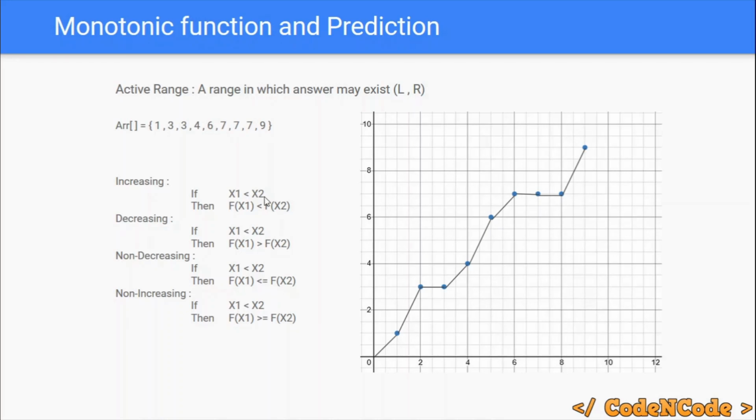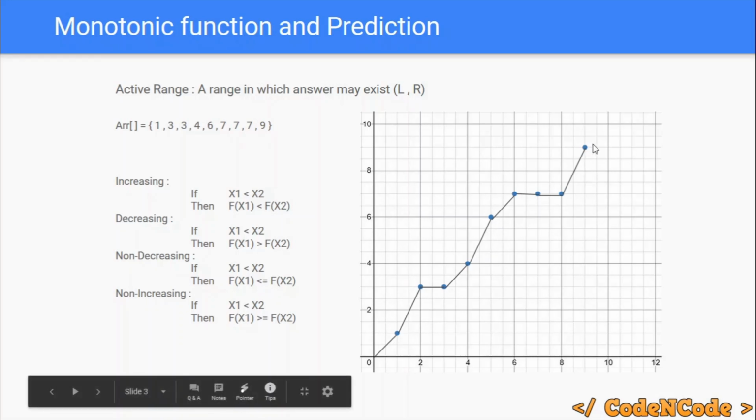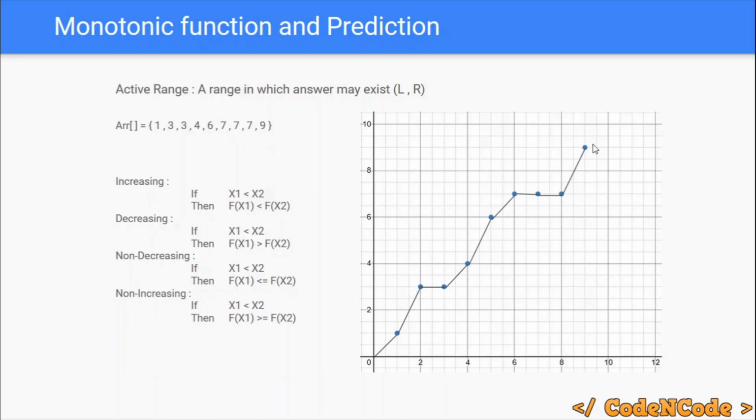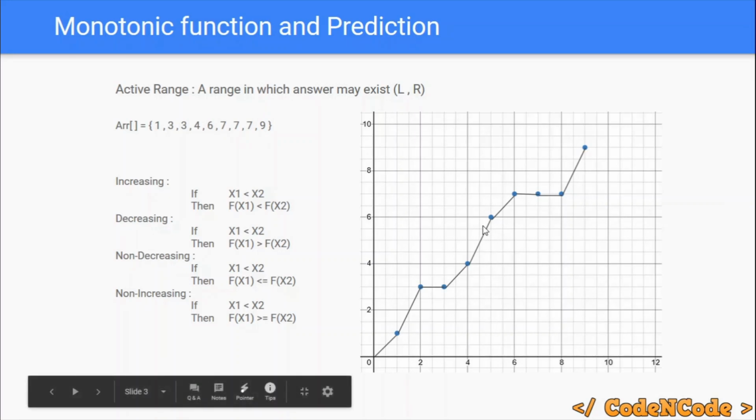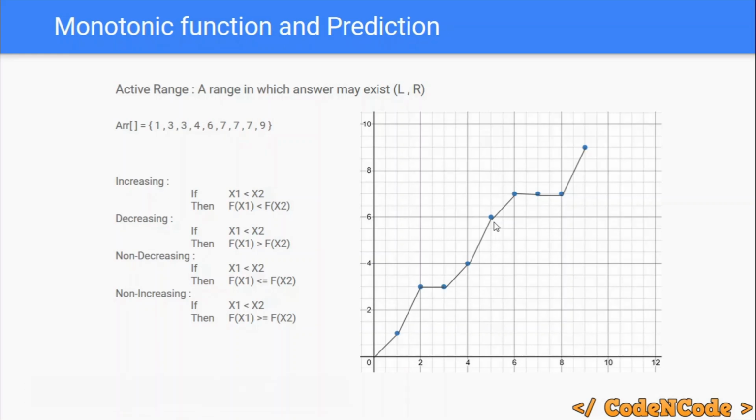So what we do here is, suppose the active range is this 1 to 9. There are 9 elements. You are searching for, say, element 9. So you calculate the mid element, which is 5. 1 plus 9 divided by 2 is 5. At index 5 we have value 6, and you are searching for, say, 9. If this is smaller than 9, of course all of the elements before it are smaller than 9 as well.